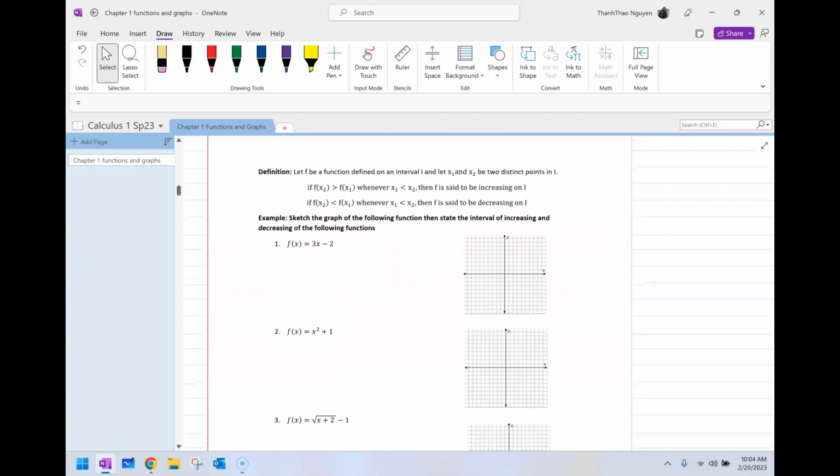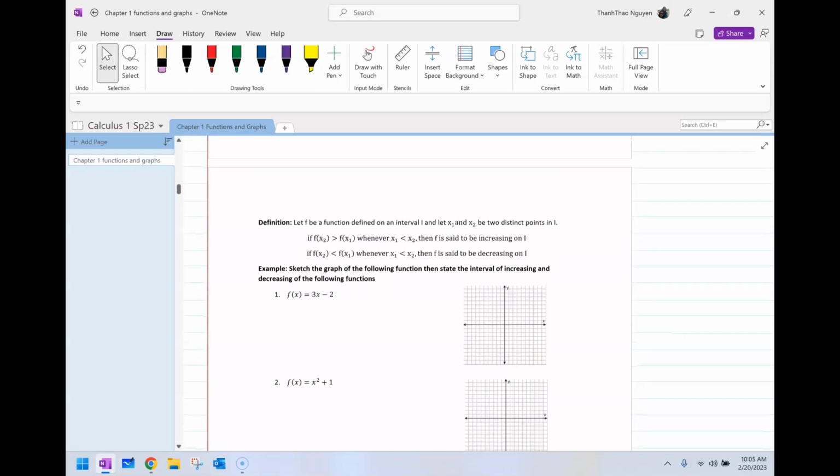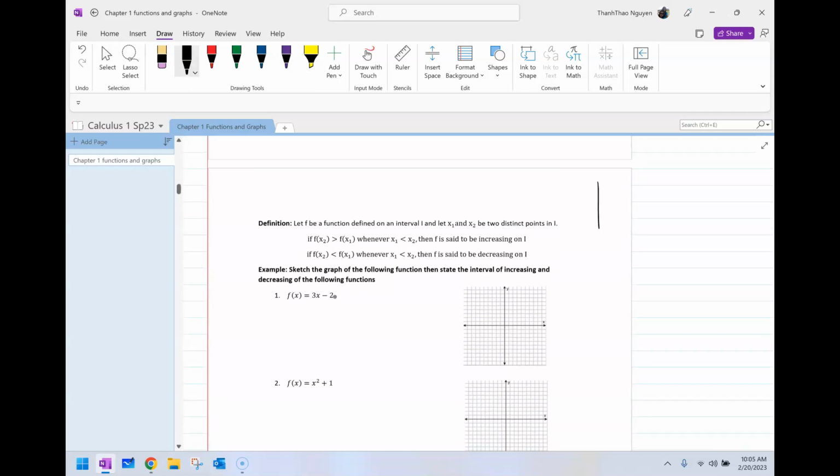Let f be a function defined on an interval I, and let x1 and x2 be two distinct points in I. If f of x2 is greater than f of x1 whenever x1 is less than x2, then f is said to be increasing on I. So let's make this sketch.